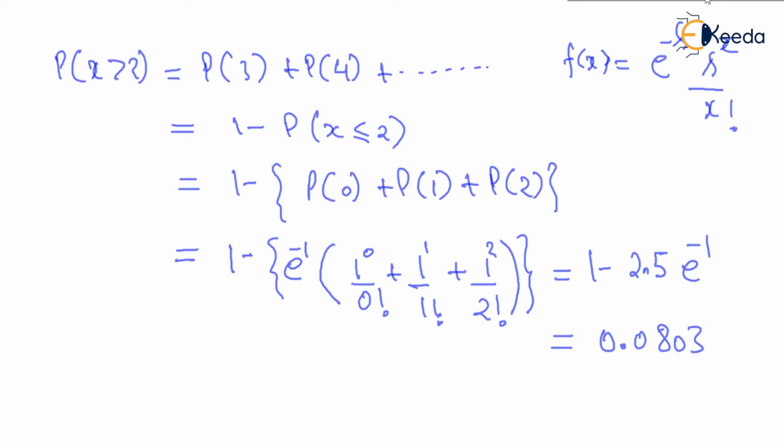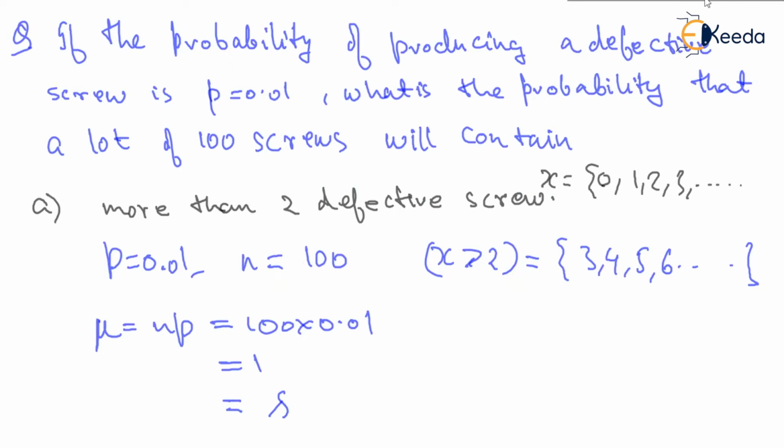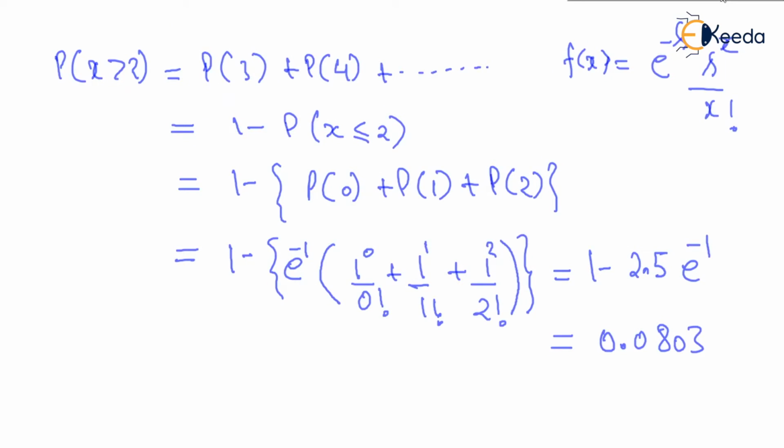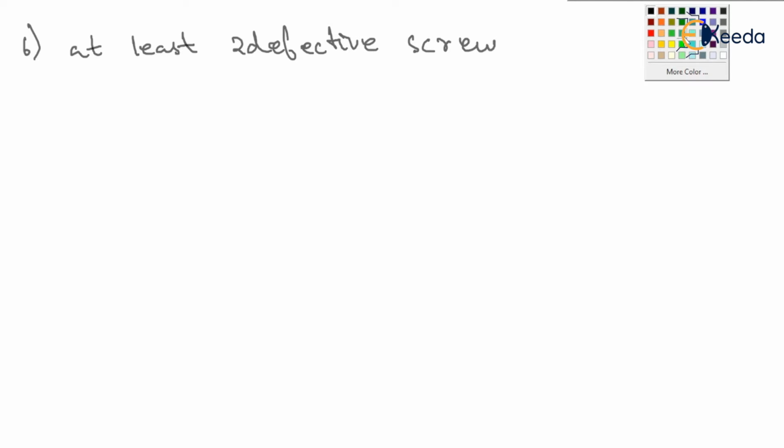What if the next part says we need to find, like in this case it was more than 2 defective, let's say at least 2 defective screws. Now at least 2 means x is going to be greater than or equal to 2.